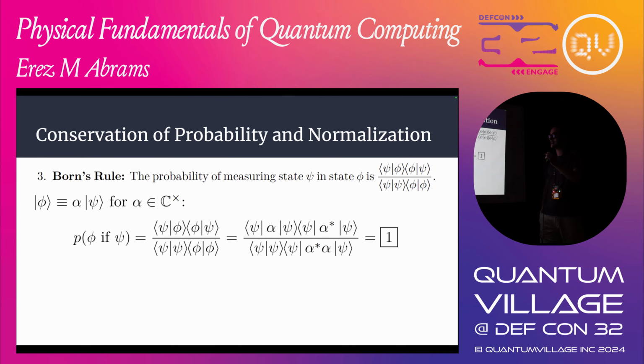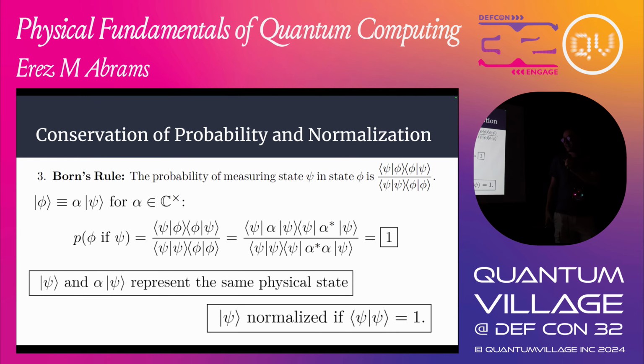That means that psi and alpha psi represent the same physical state. So this complex factor in front, which changes the global phase across all of the components of the vector, and changes the magnitude, doesn't actually matter.